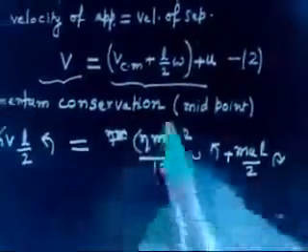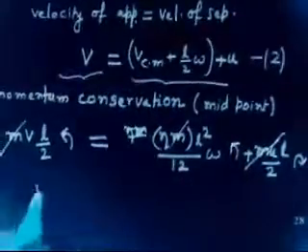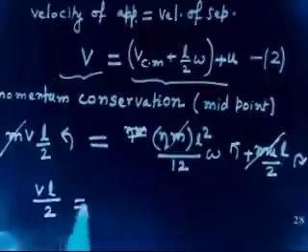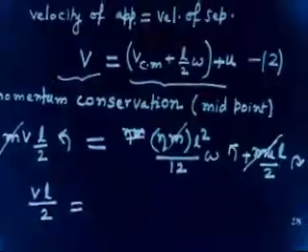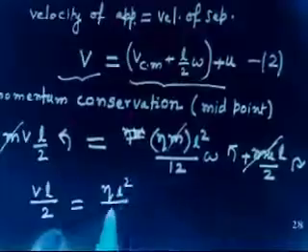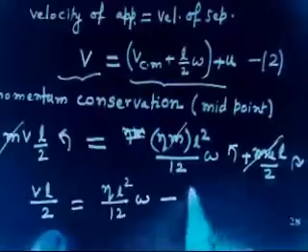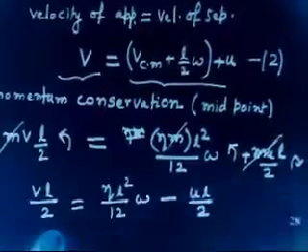So if you cancel m, you will have v into L by 2 equals eta L square by 12 into omega minus u L by 2.